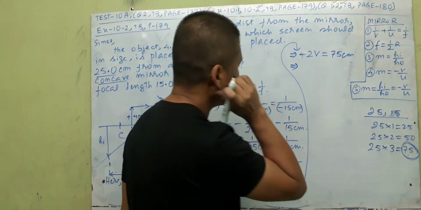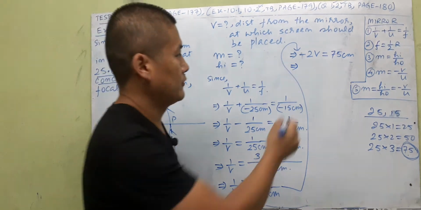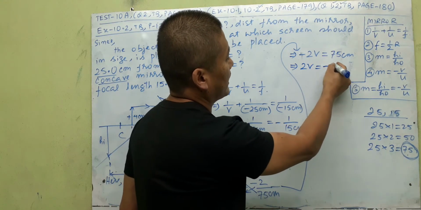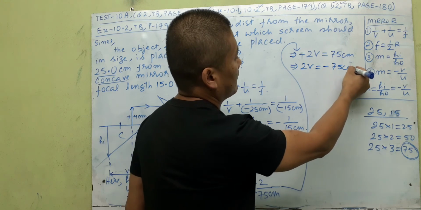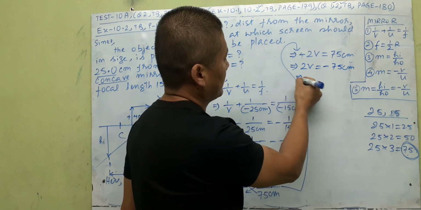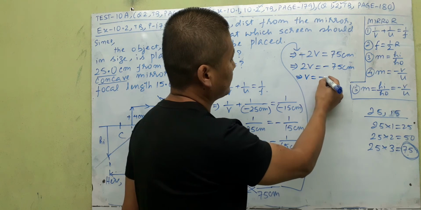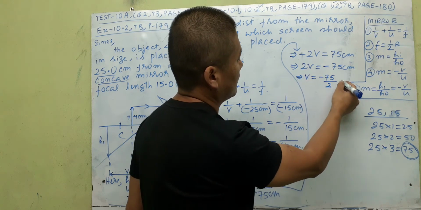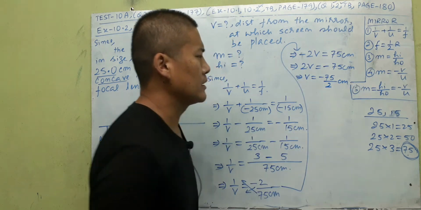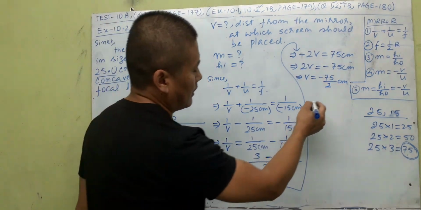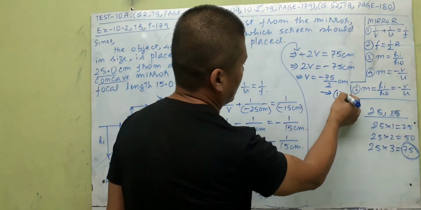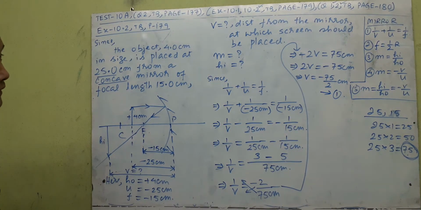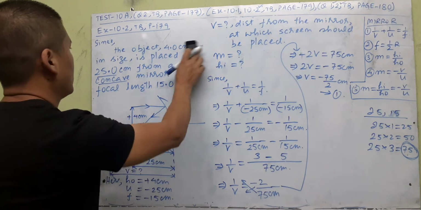Then here we don't want minus, so change this minus 2V to plus 2V. Then this side, no sign, plus, will become minus 75 centimeter. Then here V will be equal to minus 75, and if you shift this 2, it will come down this much. So you can just keep it like that for some time. Maybe equation 1. Okay, and then we need to find what? M and HI. So let us do that.